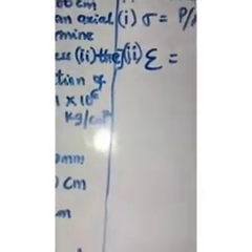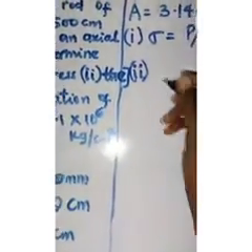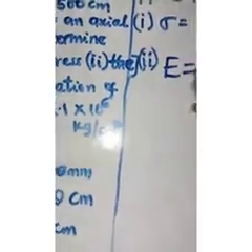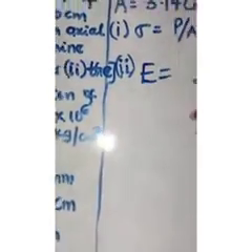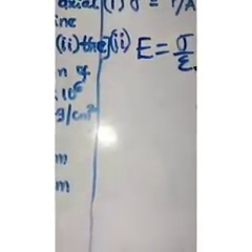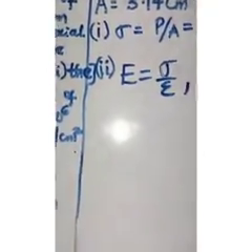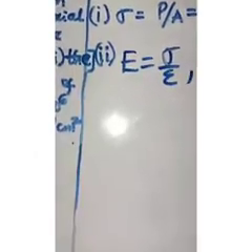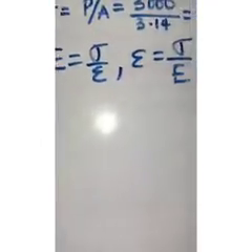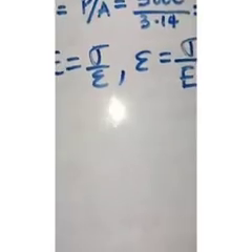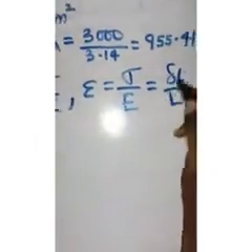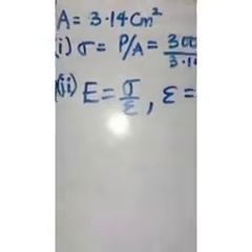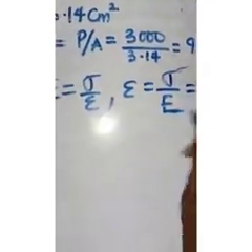From the formula, you can remember that from your Hooke's law, your Young modulus is stress over strain, and from here you can find that your strain is equal to your stress over Young modulus. Or your strain can also be equal to, if you remember, change in length over the original length. But here we have the stress and the Young modulus, so it's applicable.